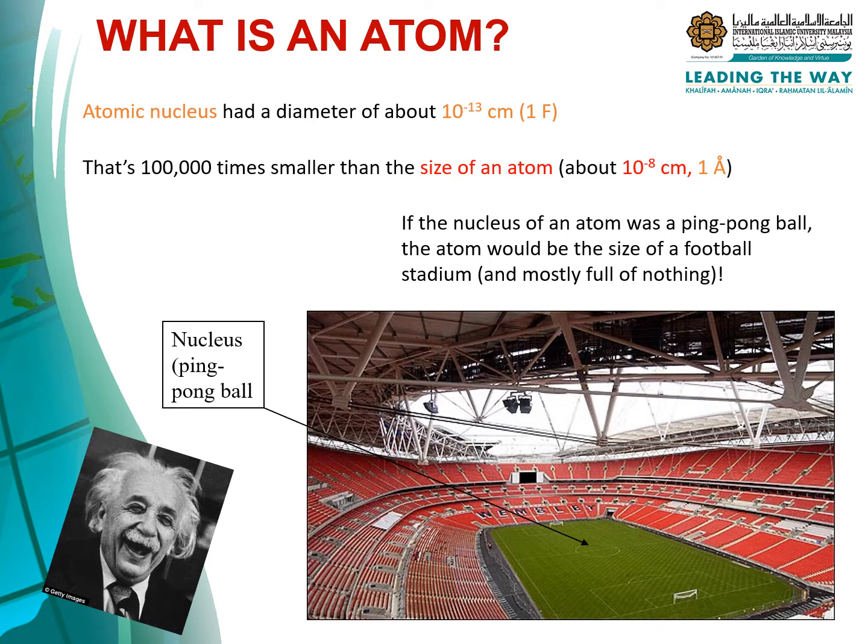If you do a comparison, the atomic nucleus has a diameter of about 1 Fermi, which is 100,000 times smaller than the size of the atom at 1 Angstrom. If the nucleus of the atom was a ping pong ball, the atom would be the size of a football stadium. They are mostly empty space because the nucleus in the atom is very small.